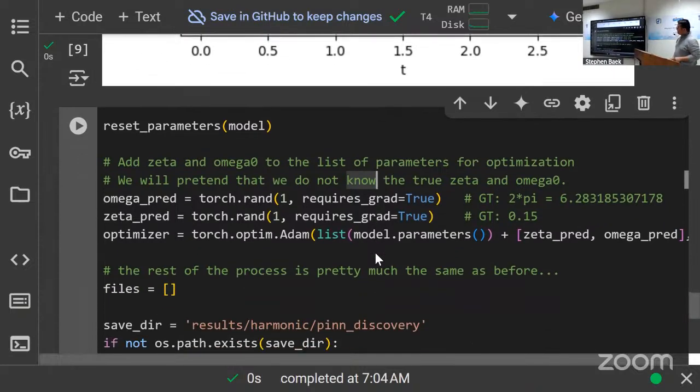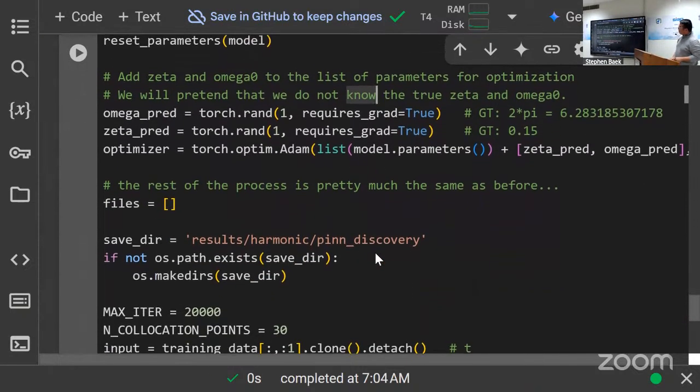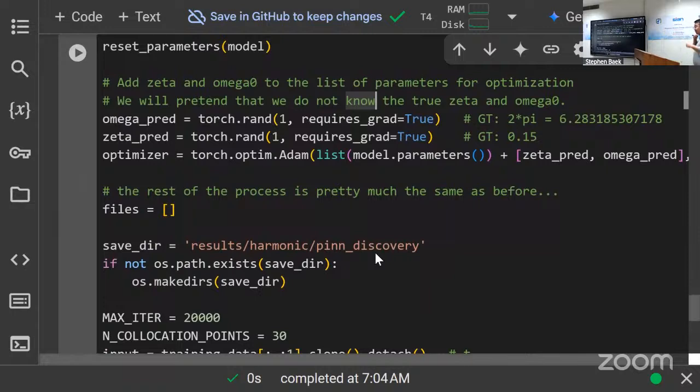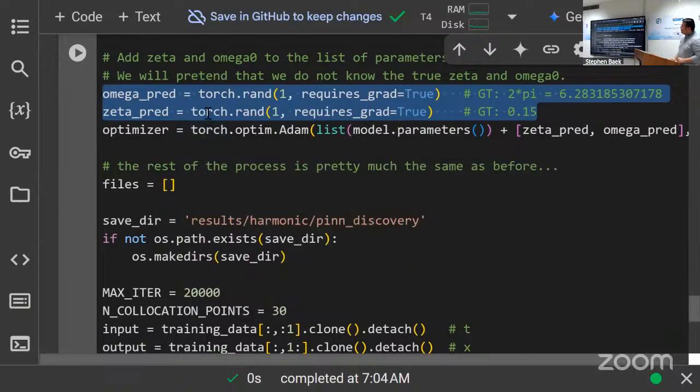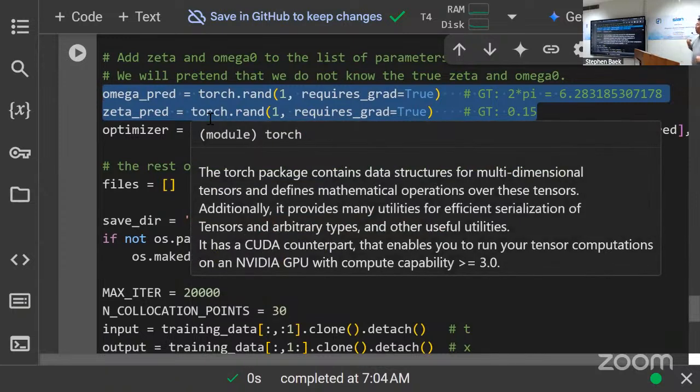Now, this is the implementation of the data-driven discovery problem. The only difference, okay? The only difference now here is that the value of omega and the value of zeta is now defined as a PyTorch tensor that requires the gradient.